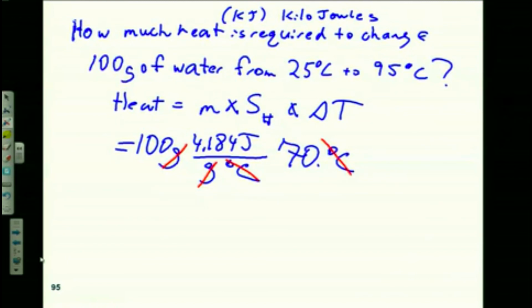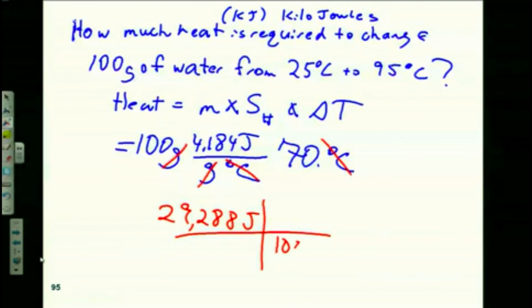Joules. And how many joules do I have right now? 29,280. And I want kilojoules. Divide by 1,000. 1,000 joules is 1 kilojoule.